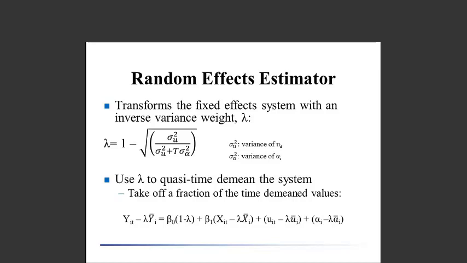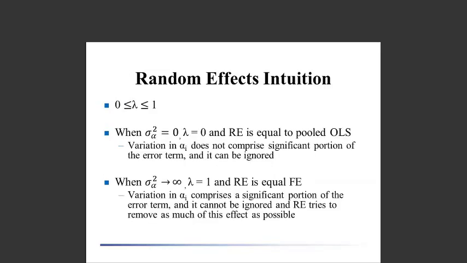We'll call that lambda, where lambda is 1 minus the square root of the variance of u_it, our idiosyncratic error, over the variance of u_it plus T times the variance of alpha_i, our unit effects. And we use lambda to quasi-time demean the data. This is like taking off a fraction of the time demeaned values instead of the full time demeaned values as we would with fixed effects.